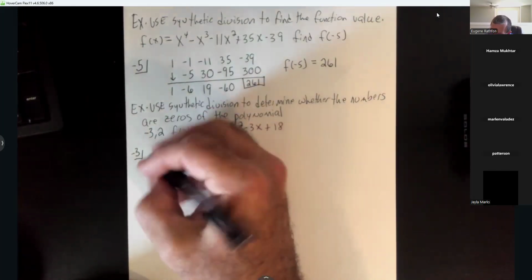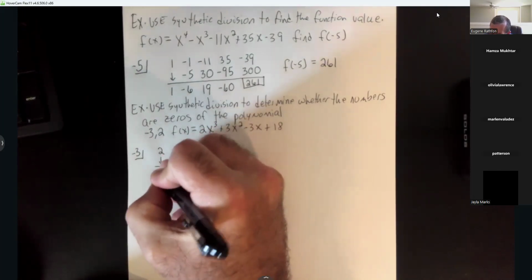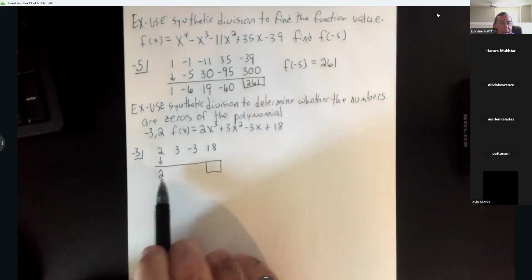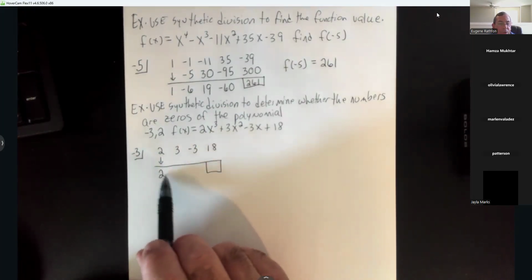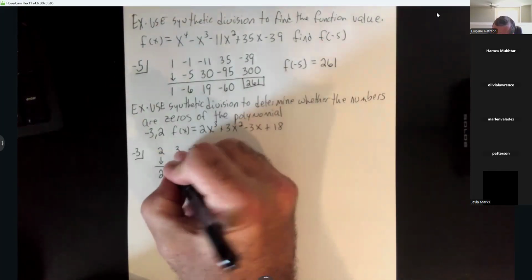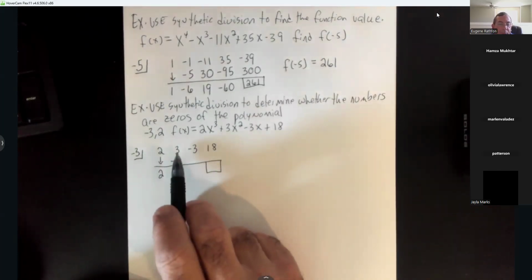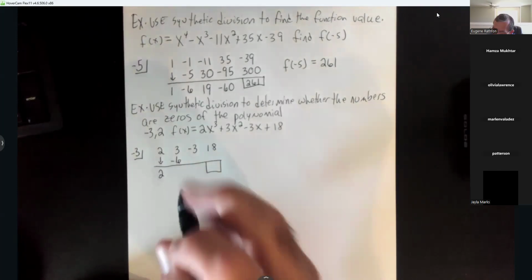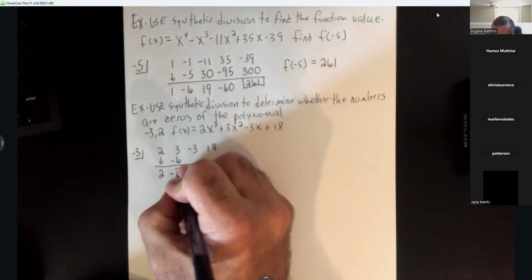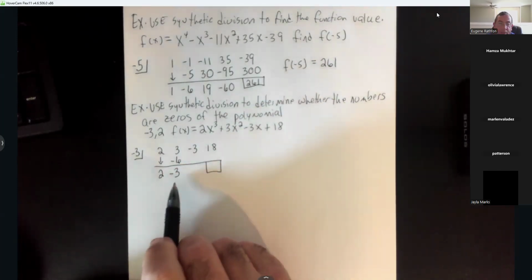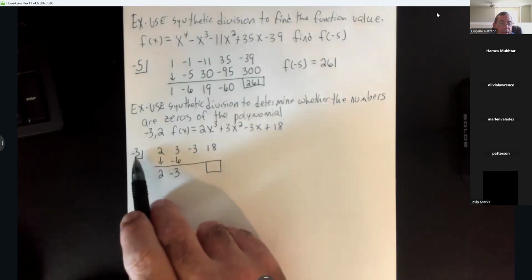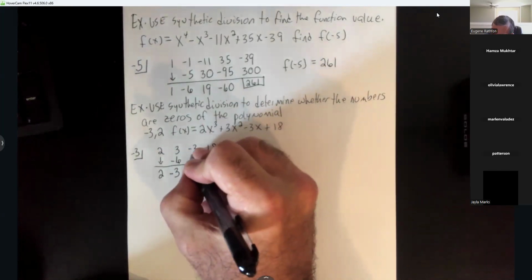All right, y'all, so guess what? First number comes straight down below the line. Then I'm going to multiply to get the next column. So 2 times -3 is -6. 3 plus -6 is -3. All right, then we're going to multiply again. -3 times -3 is a +9.